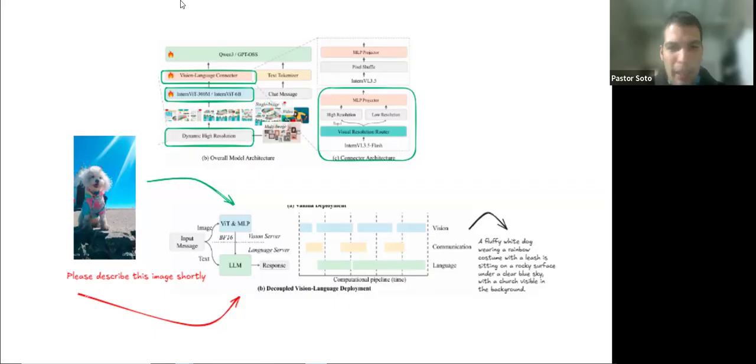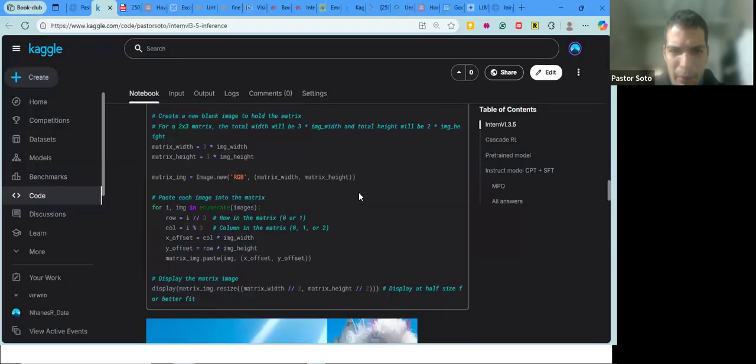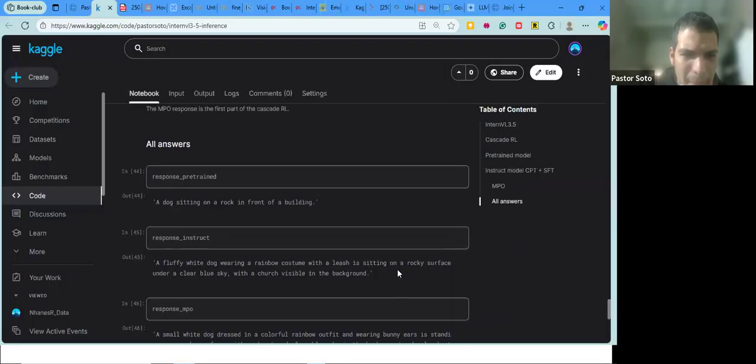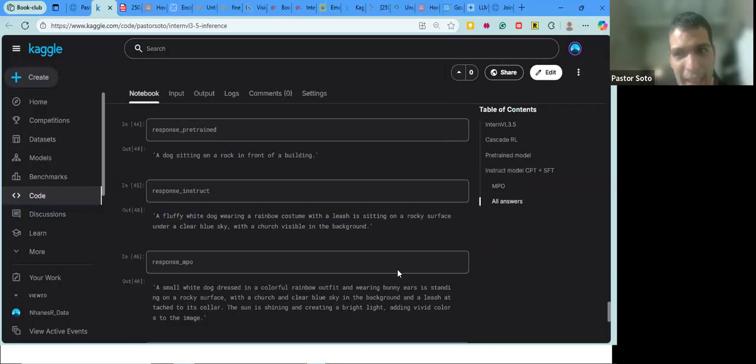Let me show you this really quick, where I compare the different models. One thing that I didn't like is the oversimplification: it's a dog sitting on a rock in front of a building. That might be a wrong answer, because it's not a building per se, or I would say it's a bad quality response.